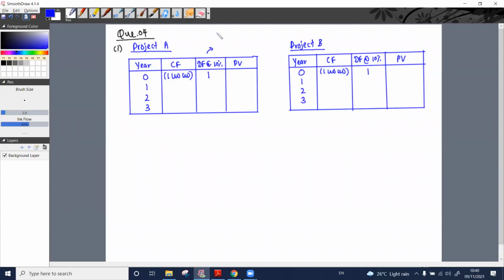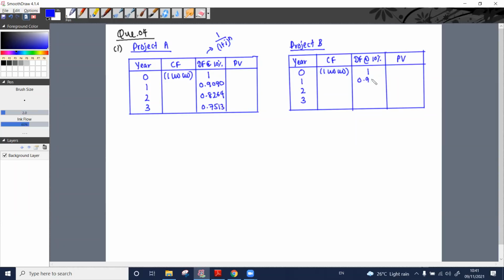That is 1 divided by 1 plus i to the power n. In year 1, it should be 0.9090. In year 2, it should be 0.8264. And in year 3, it should be 0.7513.